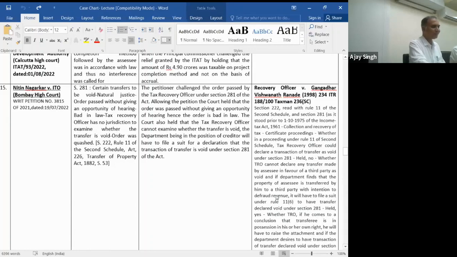Still in process. ICDS is not applicable to the builder. Clarified by whom? I think the CBDT. They want to merge both. They are still in the process of coming, but they have not clarified that this is not applicable to the developer. But the interpretation is clear. It doesn't apply to builders.